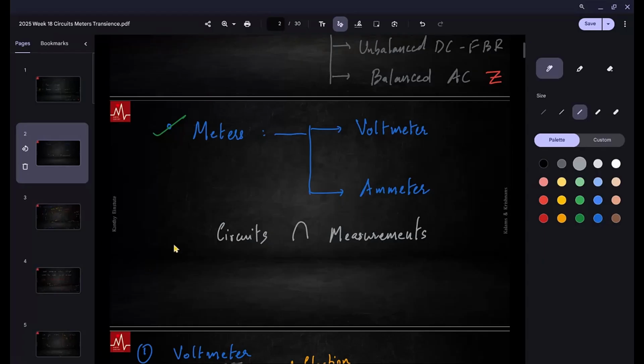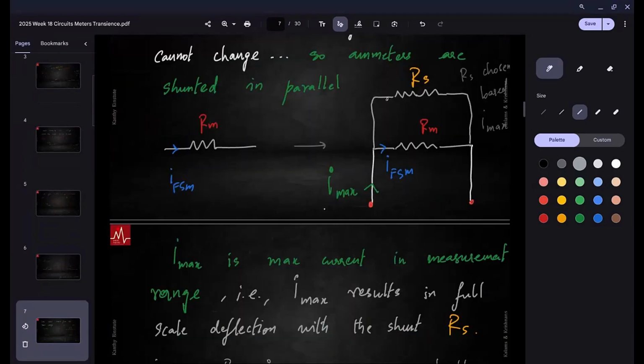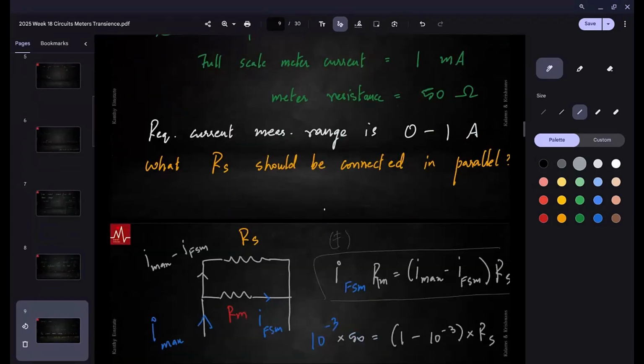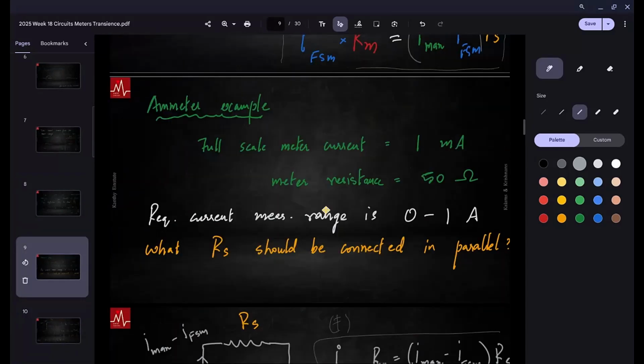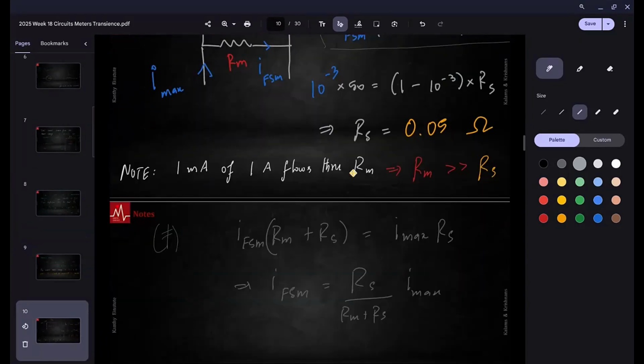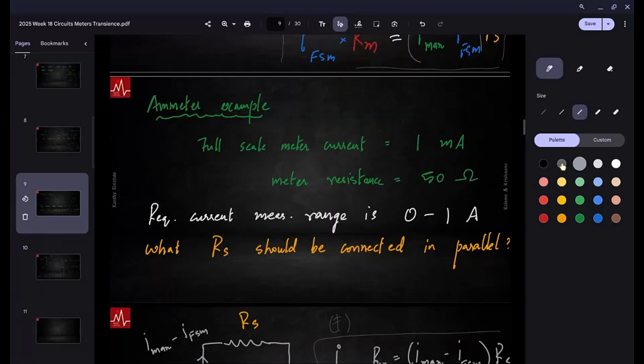Okay, and be careful. I gave you the full scale meter current IFSM as 1 milliamp. This information could be given differently. That is, 0.5 milliamps gives half the total deflection, which means 1 milliamp gives full scale deflection.